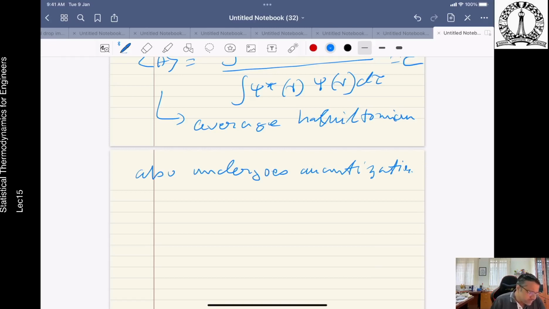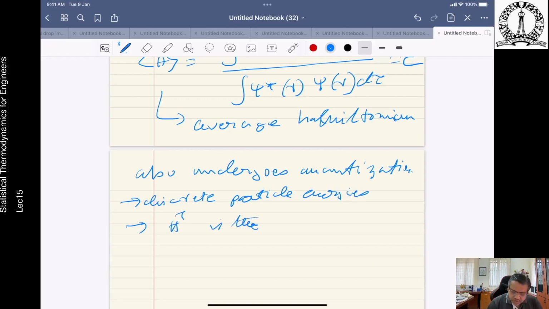What happens in this is that the Hamiltonian that you saw now provides the discrete particle energies. This is the total energy operator only for steady state systems.